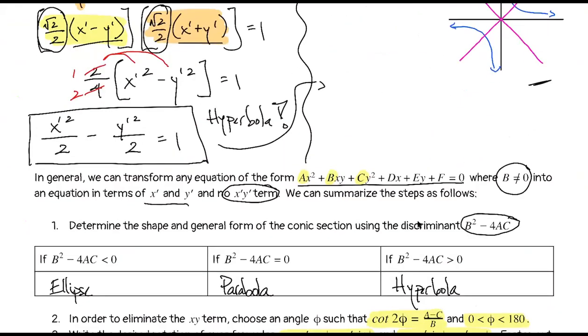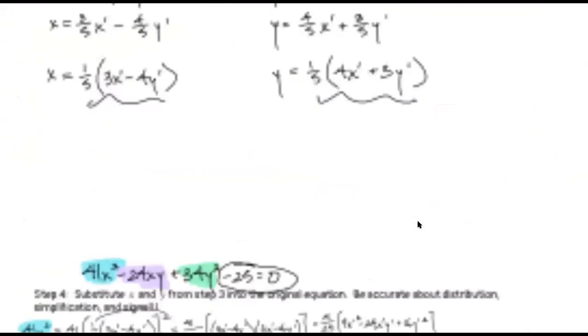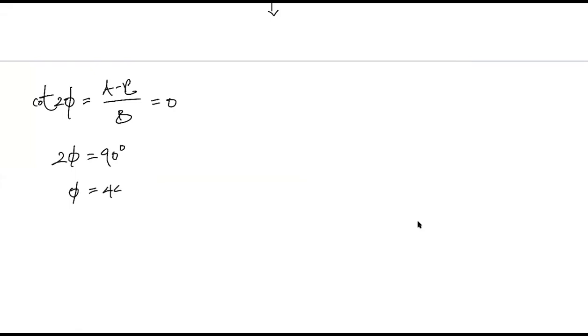Okay, so we didn't actually find that, but yes, if you do cotangent of 2 phi equals a minus c over b, and you get 0, that means that 2 phi equals 90 degrees, because cotangent is 0 at 90 degrees, which means that phi equals 45 degrees. So it's actually really nice when your cotangent equals 0. It's almost like a little gift in terms of finding the angle.